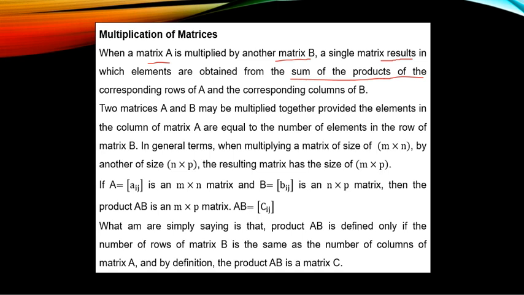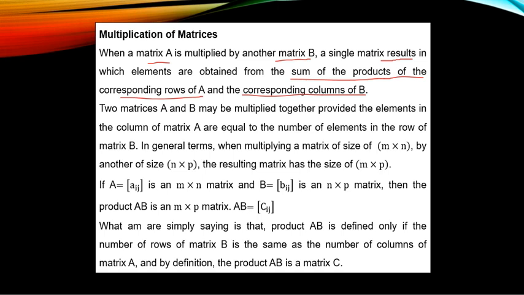That means you multiply the elements and add them. Sum of the products of the corresponding rows of A and the corresponding columns of B. Let's continue with the explanation.